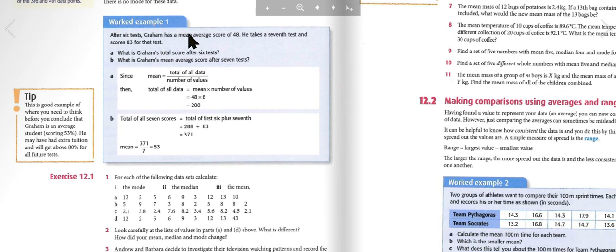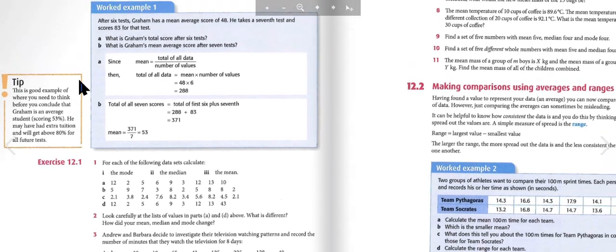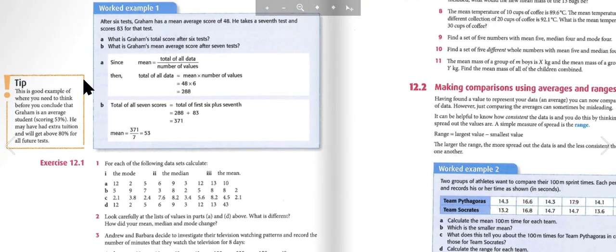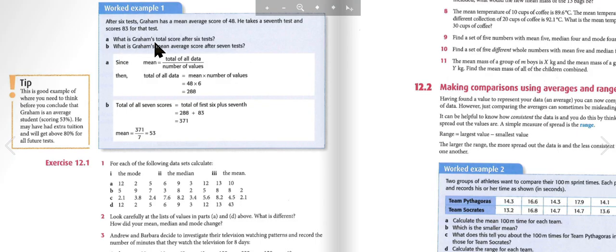Worked example 1. After 6 tests, Graham has a mean average score of 48. He takes a 7th test and scores 83 for that test. What is Graham's total score after 6 tests? What is Graham's mean average score after 7 tests?